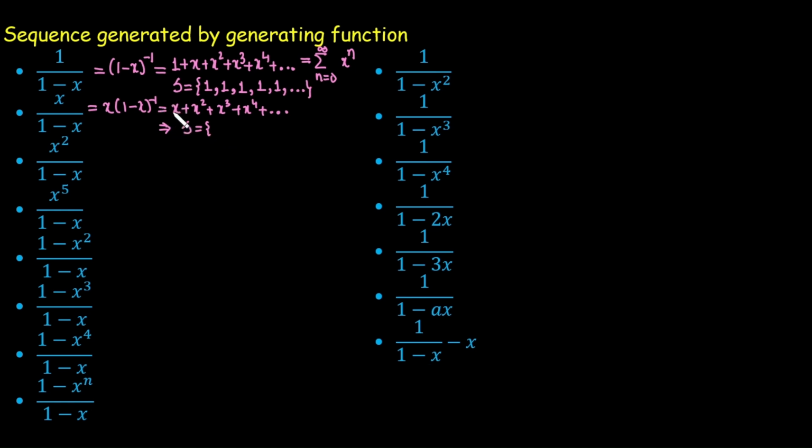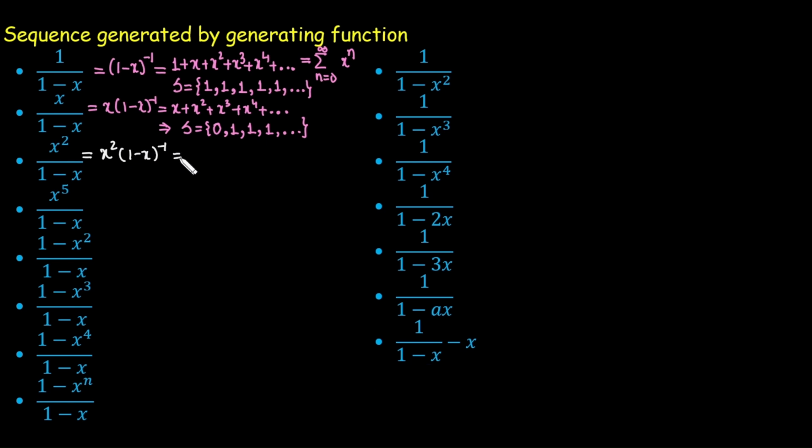What is the constant term here? There is no constant term, which means it is 0. Now collect the coefficient of x, that is 1. Then the coefficient of x square, again 1. The coefficient of x cube, 1, and continue this. So we will get a sequence of this form from this generating function. Now the next case is written as x square by 1 minus x. The same thing is there, but it gets multiplied by x square.